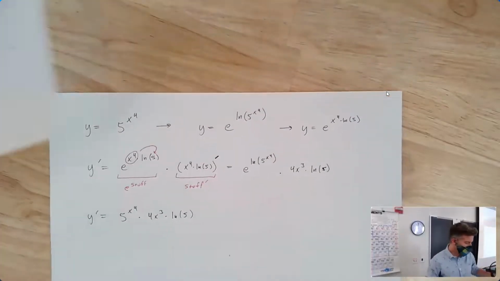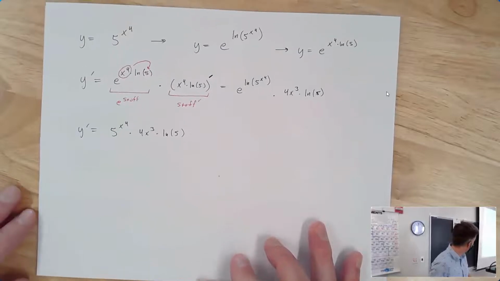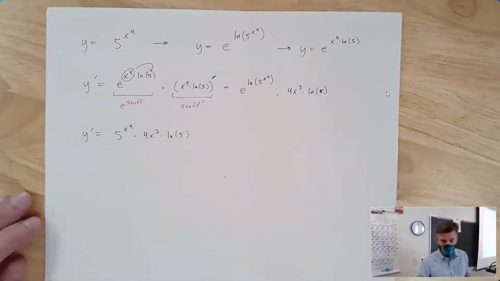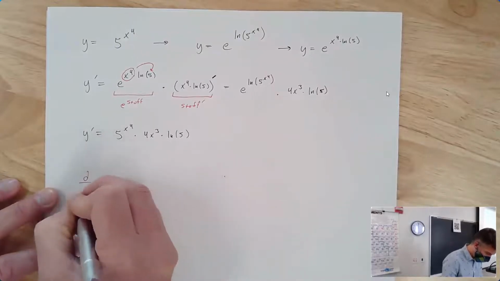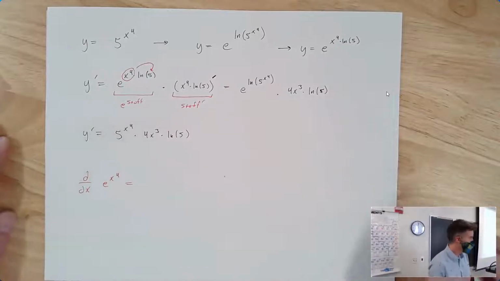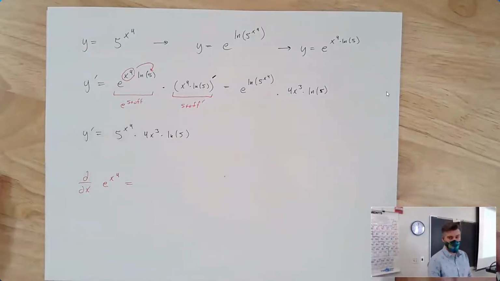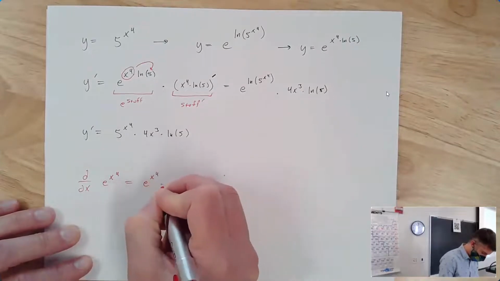So here's what we see happening when our base is not e. In fact, let me just show you for contrast. If I was going to take the derivative of e to the x to the 4th, what would the derivative be? Well, the derivative of e to the stuff is e to the stuff times what?